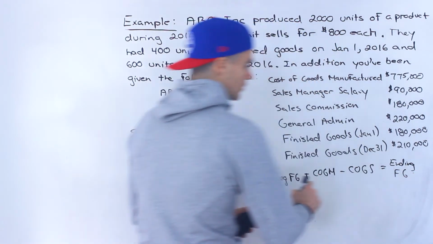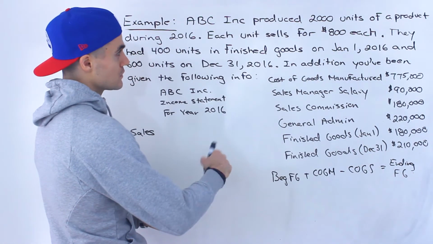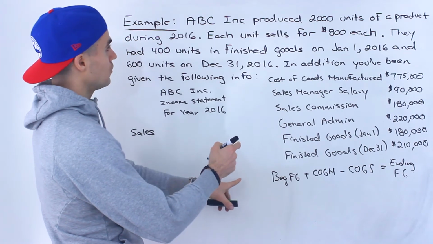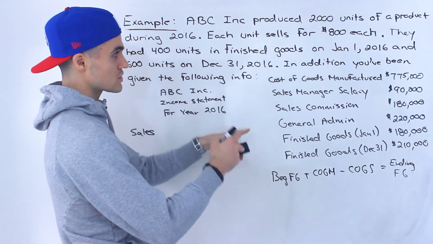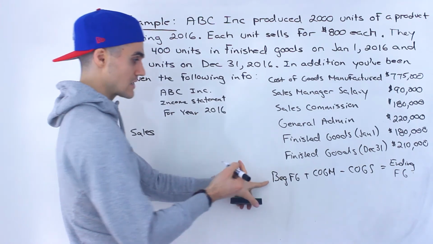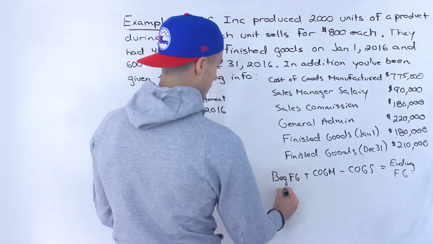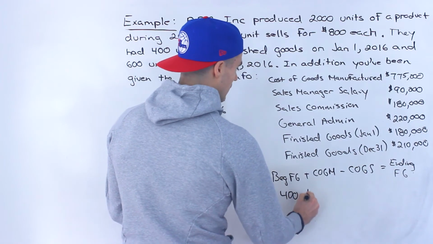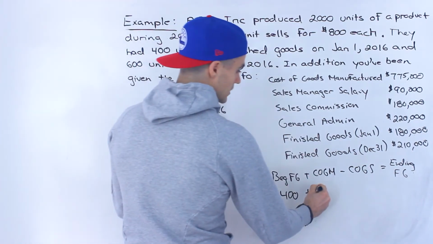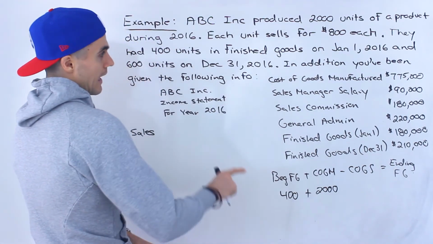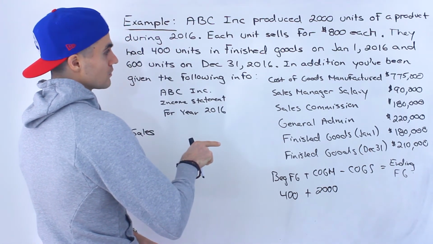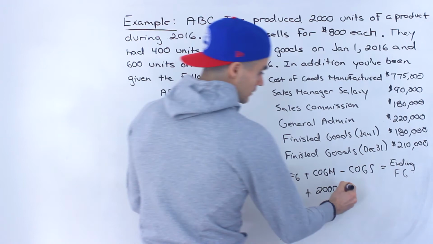So if we look at this in terms of the number of units, we're told that there are 400 units in finished goods on January 1st, 2016. So that's the beginning finished goods. So we're going to have 400 units here. We're told there are 2,000 units produced. And then we're not told how many units are sold.